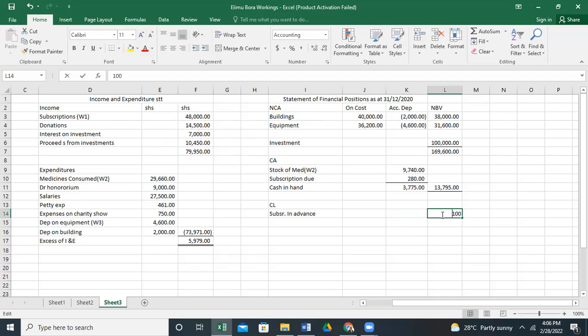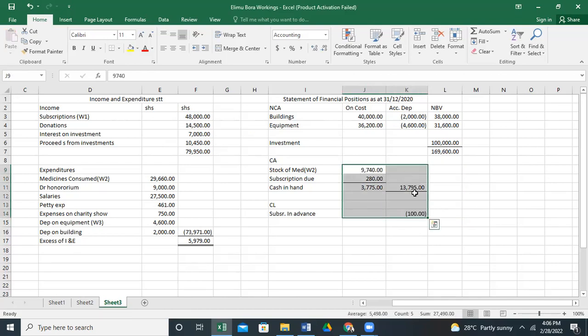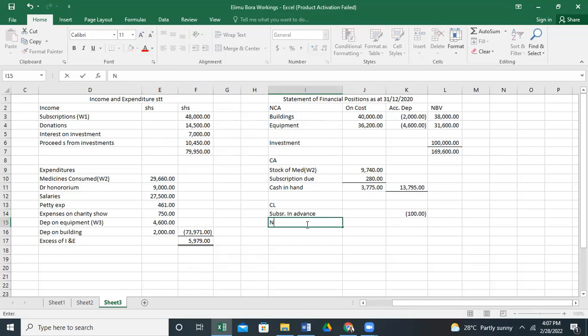So this will be in brackets because I'm subtracting to get the net assets. I can cut this information and put it here so that I get the net assets.